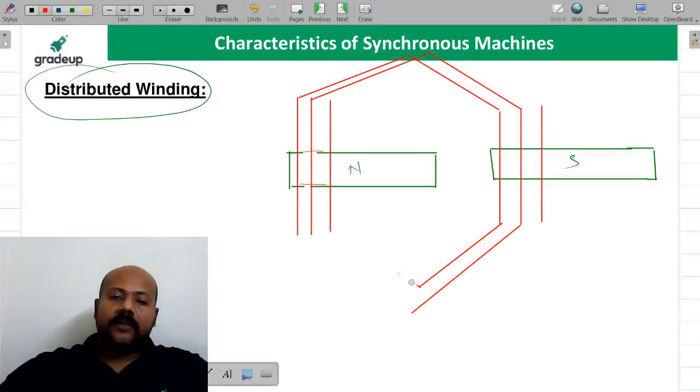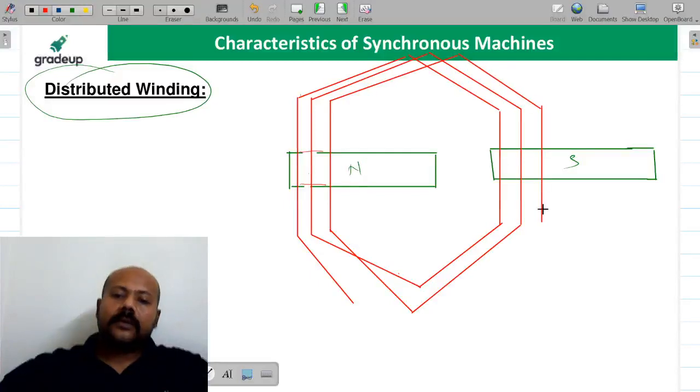Just have a little patience and you will understand the point. Suppose it is something like this. Now see what is happening actually, and then you will actually understand what is this distributed winding.